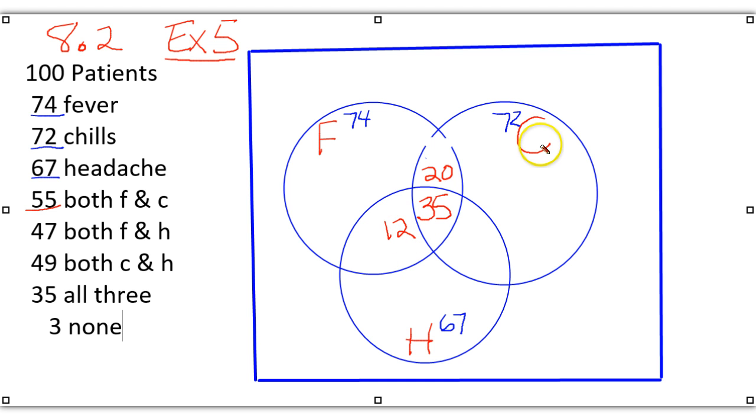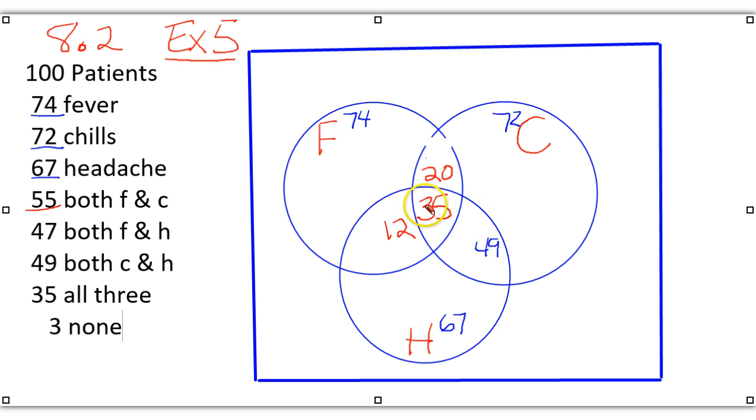Now, how many had chills and headache? Well, we had 49. So I will put there in blue as our working number 49.